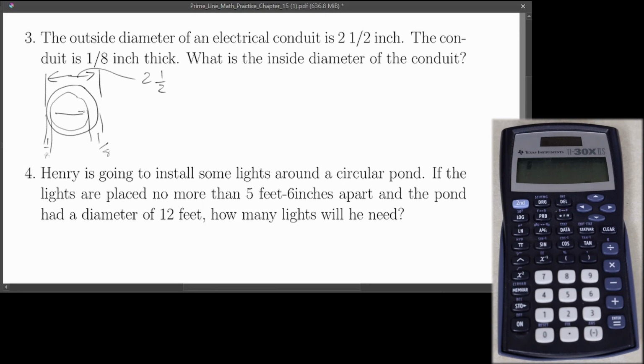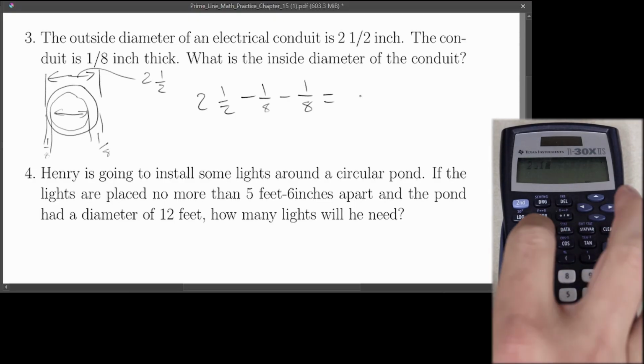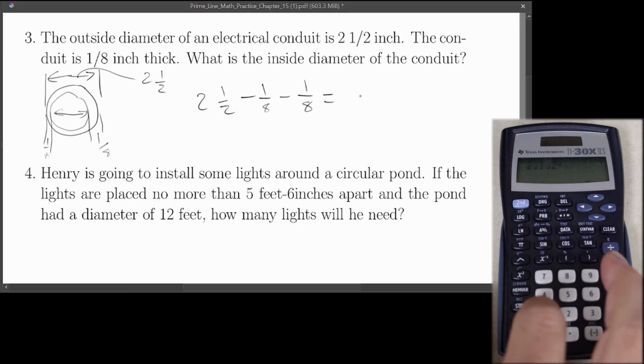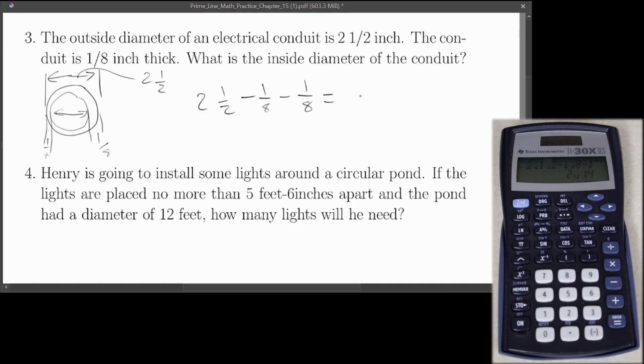And our remaining diameter, the inside diameter, is going to be 2.5 minus 1/8 minus 1/8. So on our calculator we can type in 2 fraction 1 fraction 2 minus 1 fraction 8 minus 1 fraction 8. And we are left with 2.25 inches.